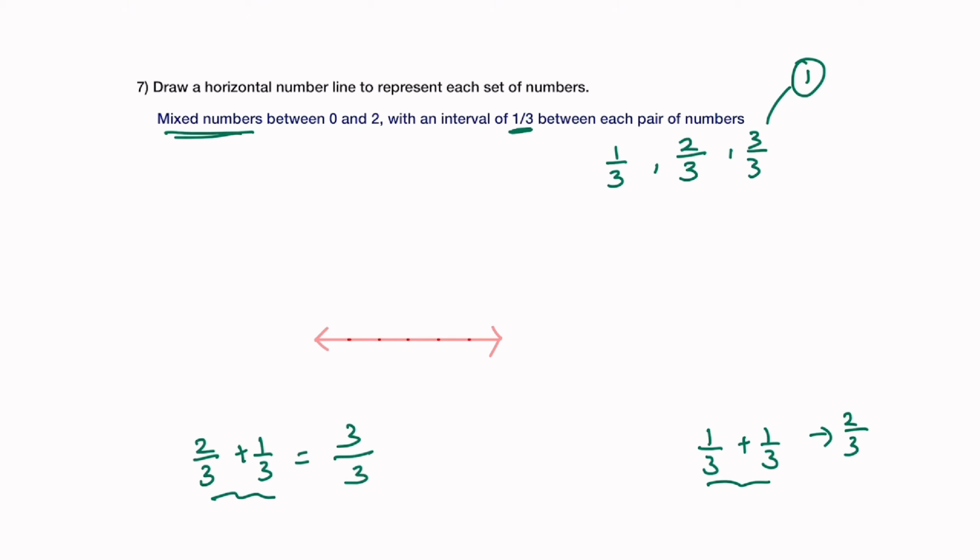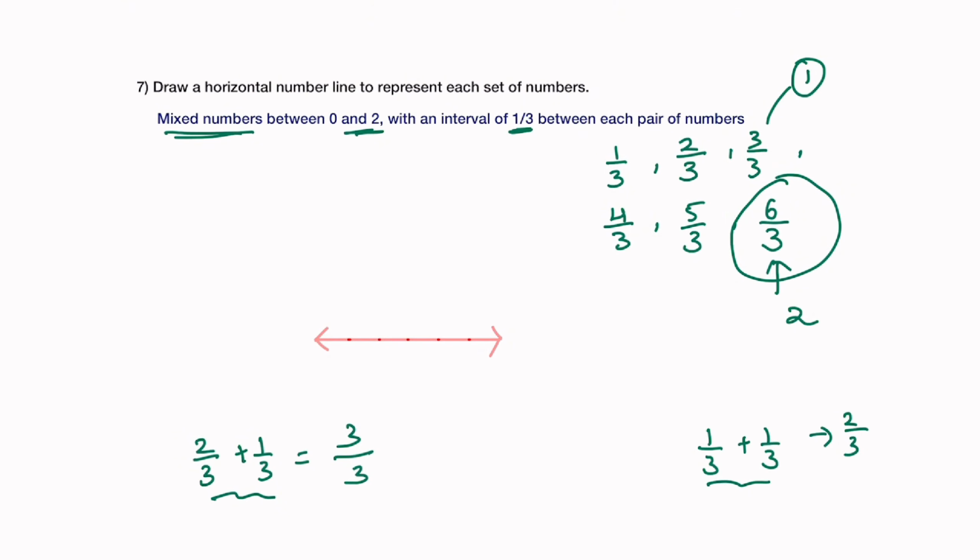So now you know you have to go up to 2. So the next is 4 upon 3, 5 upon 3, 6 upon 3. Now what is this 6 upon 3? 6 divided by 3 is 2. So it is between 0 and 2. Okay, so we do not go further than this. So we are not even going to represent this number because that's 2 and it says between.